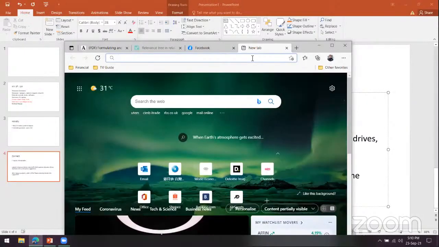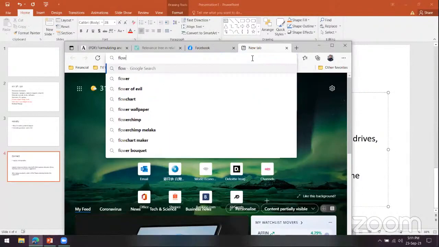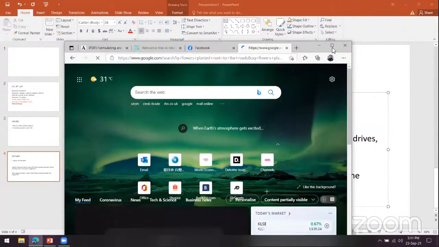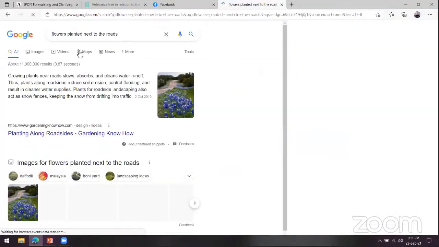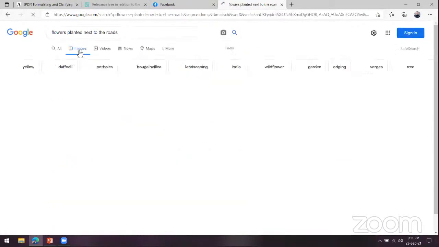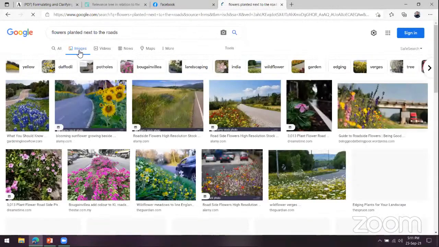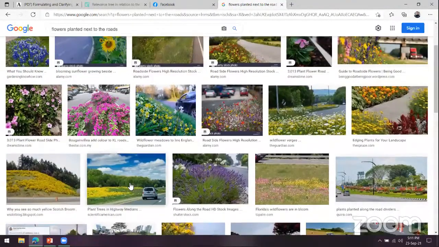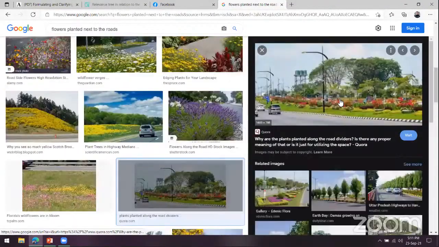There are always flowers planted next to the road in some cities. And this student proposed to me that she would like to study this because she wants to reduce accidents through the colors of the flowers. If you put flowers with different colors, it will affect the accident rates.